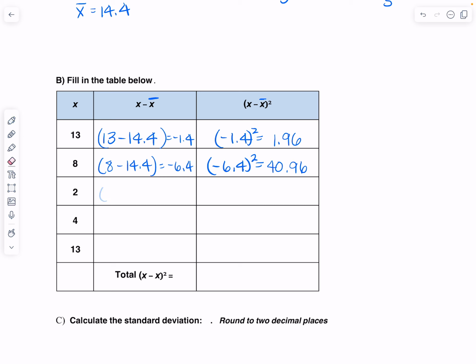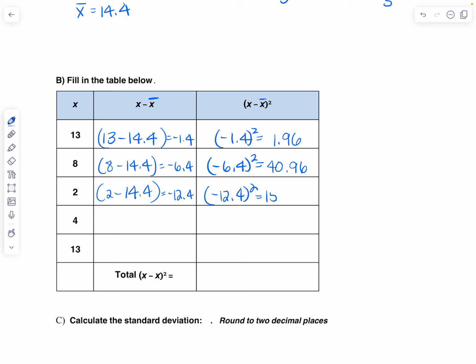Okay, 2 minus 14.4. And that's negative 12.4. We're going to square that.